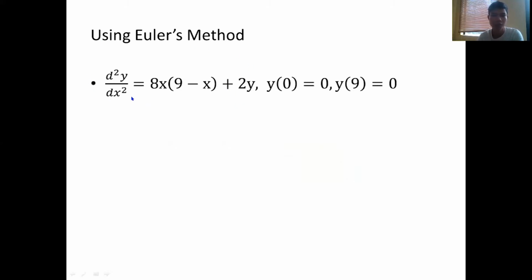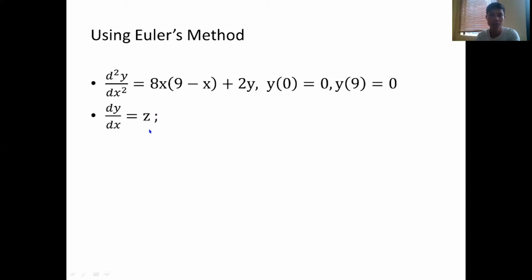So again, this is the equation given, the ODE. So as you can see, the given ODE is in the second order ODE, and recall that Euler's method is only used for first order ODE. So in order for us to solve this problem, we have to reduce this equation into first order ODE.